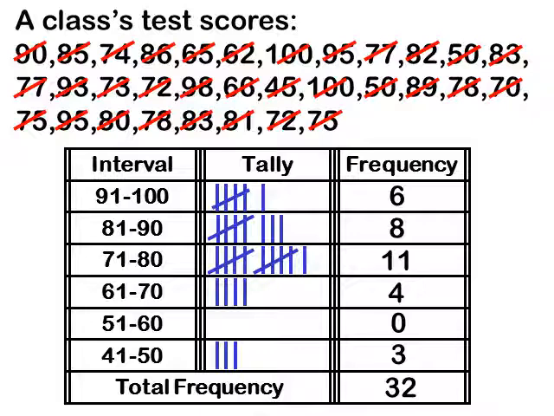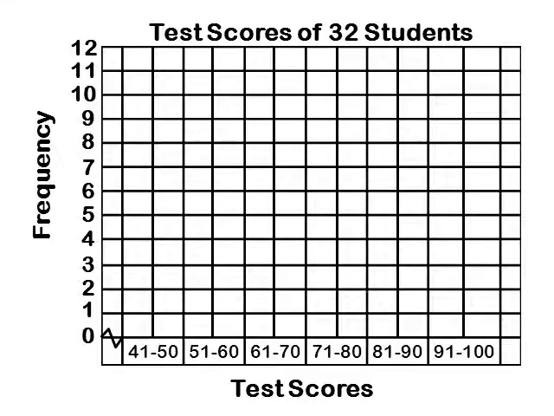We have 32 test scores, and we have a total frequency of 32, which means we did not miss any data. We will now utilize the information that we've compiled from our frequency table into our histogram. Notice our horizontal axis is our test scores, and our vertical axis is the frequency.